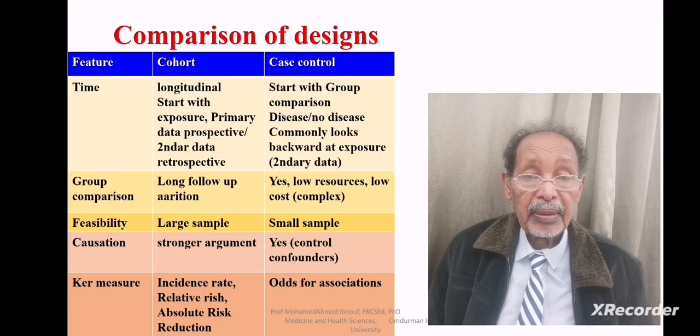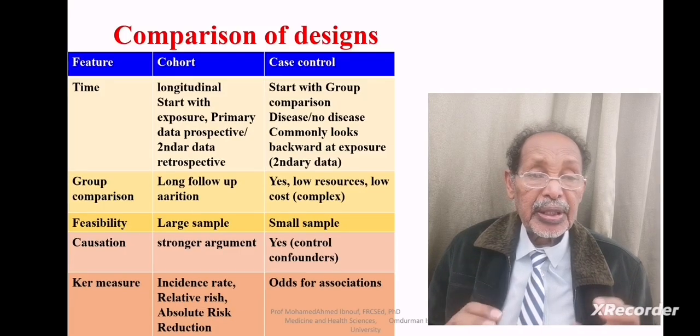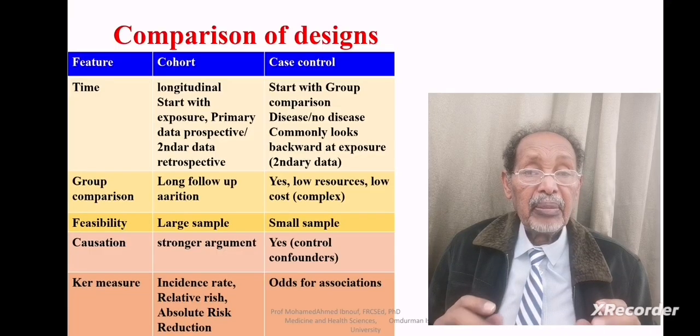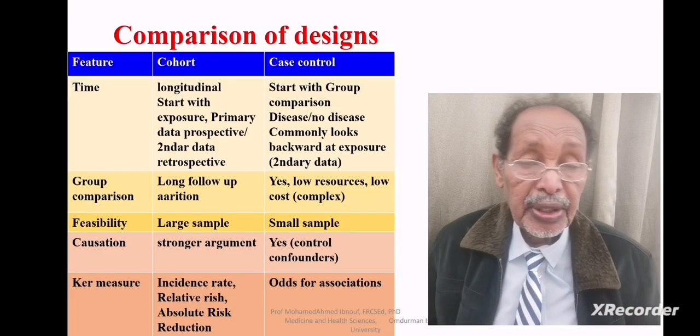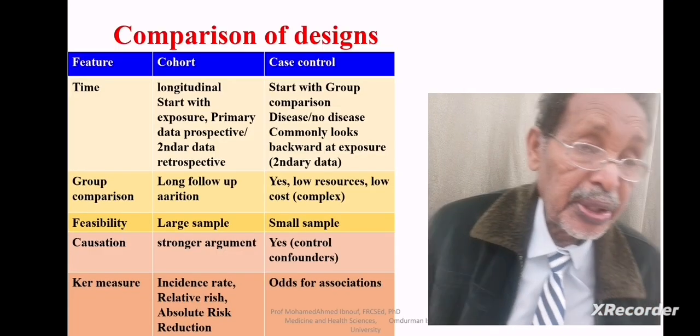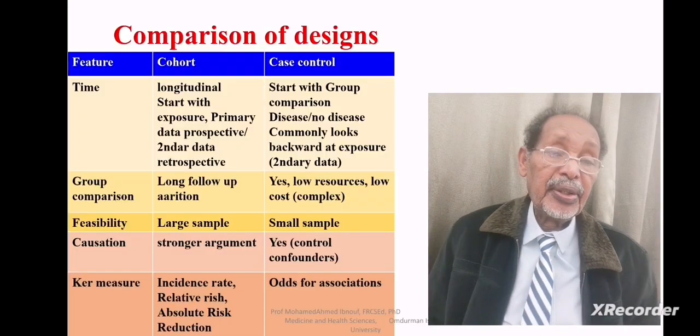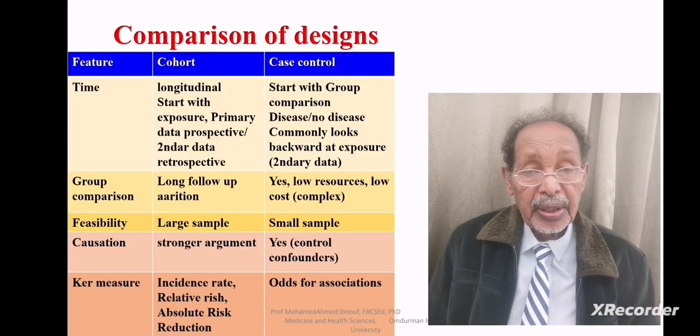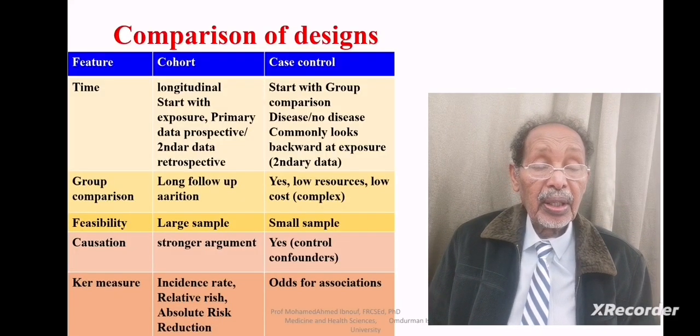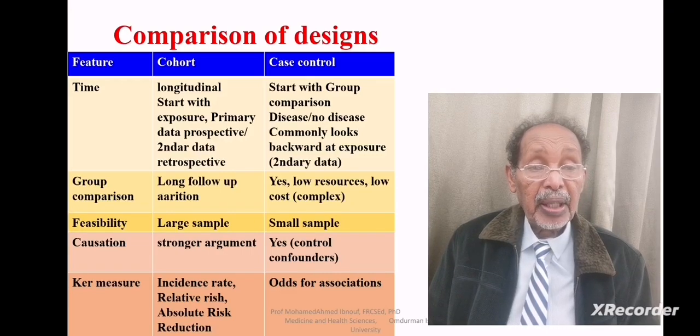And both of them can speak about causation, but the best research to speak about causation is the interventional research, the randomized controlled trial. Randomized controlled trial is the best for causation.